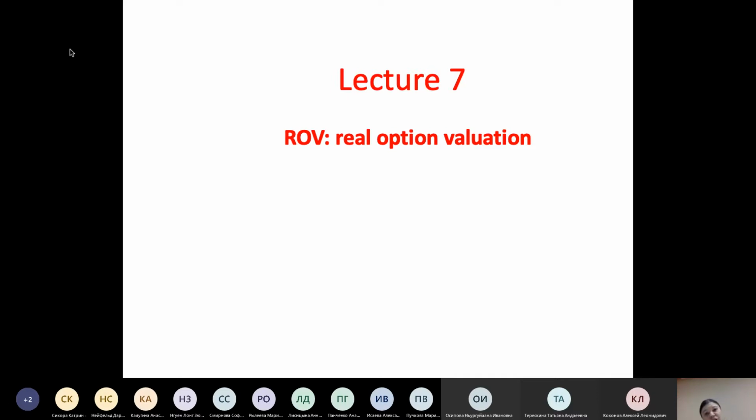And in this module, we'll move from our investment analysis to companies valuation. And today we have a first topic. To tell the truth, this topic is the connection between our investment analysis and companies valuation, our real option valuation.